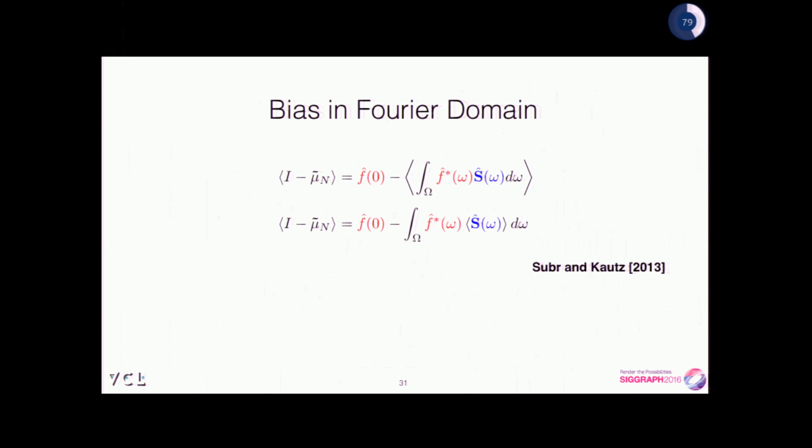And you can simply take the expectation operator inside the integral. It's all linear. Again, we're working under the assumption that f is not varying. It's not random. It's not stochastic. So there's no point in keeping this inside the expectation.